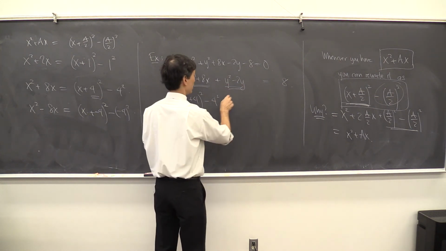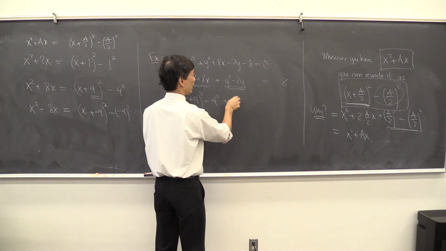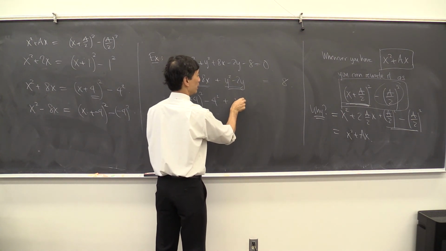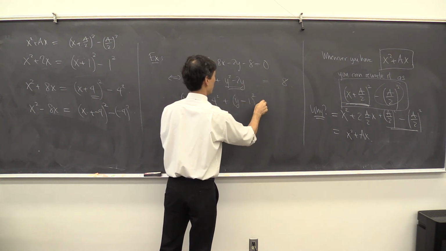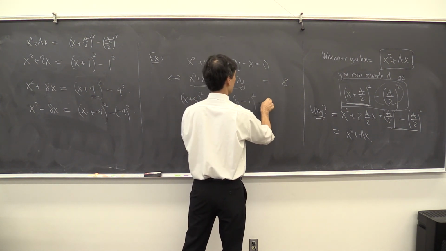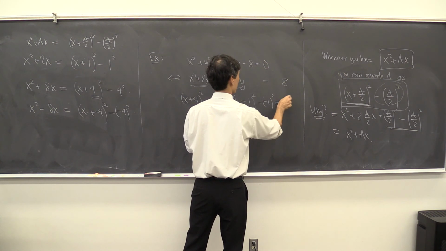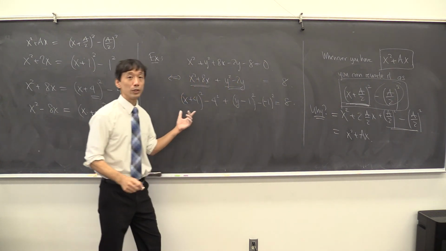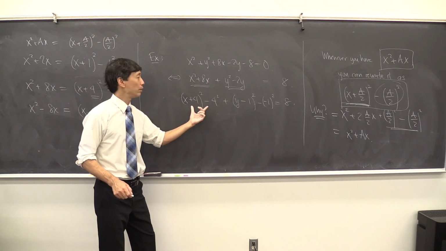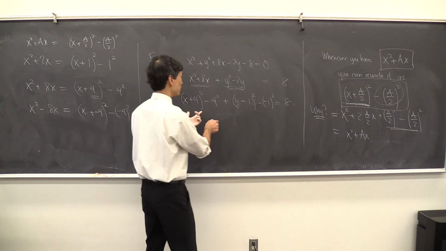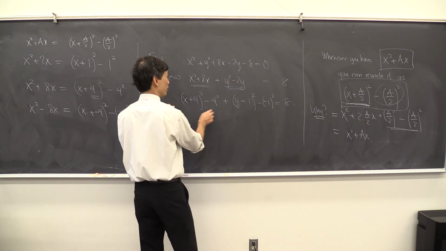What about for this one? This is going to be y plus -1 squared, and then minus -1 squared. So you do the completing the square on each of these parts, and lo and behold, what do you get?